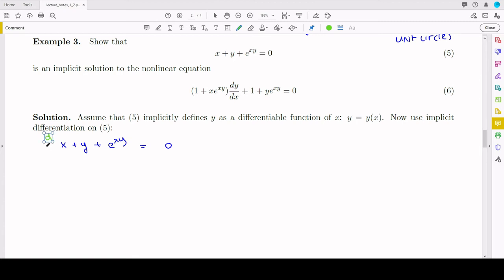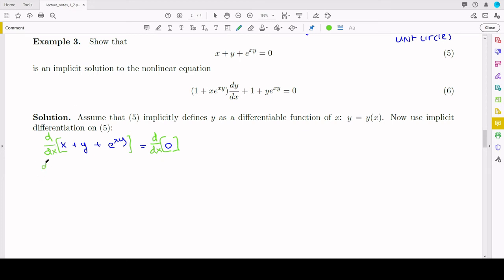So that's what implicit differentiation does. Let's split this up.